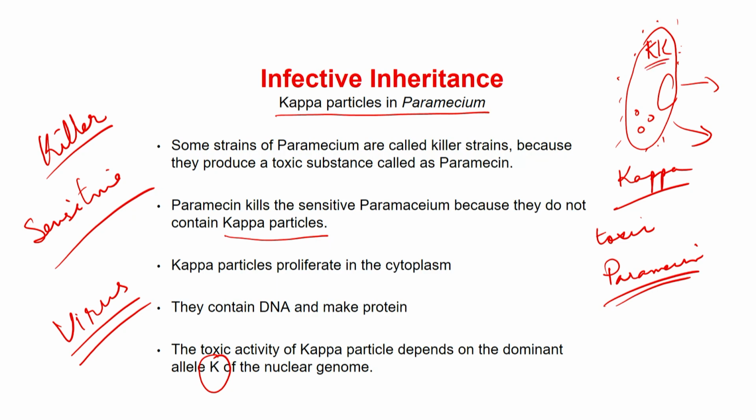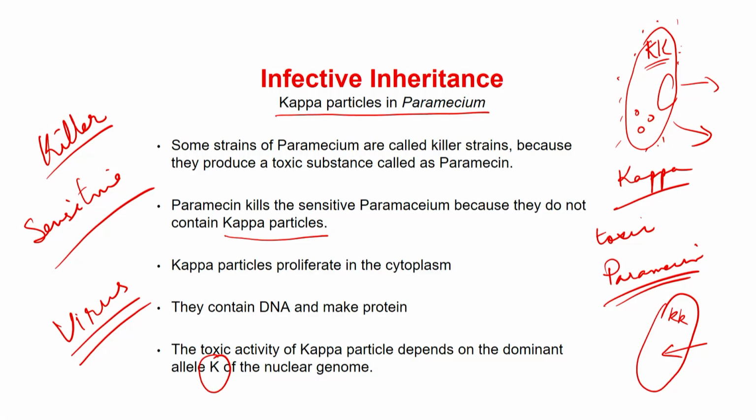So, अगर nuclear DNA में एक dominant allele K है तो वो kappa particle killer बन जाता है, लेकिन अगर एक paramecium है और उसमें dominant allele नहीं है, खाली रिसेसिव अलील से होमोजाइगस कंडीशन में, तो ये जो पार्टिकल और ये जो पैरामीसियम है, that will not function as a killer strain. So for the kappa particles to function, kill and produce paramecin, the dominant allele K is very important, right.